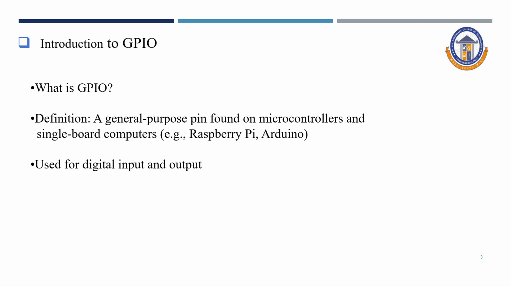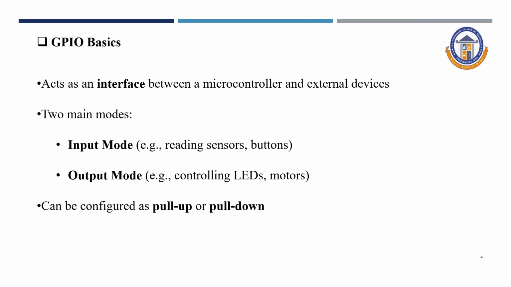These general purpose input output pins are used for digital signals. They are going to act as zeros and ones. The basic use of general purpose input output pins is interfacing between a microcontroller and external devices. For example, I have to sense the temperature of a room. So how do I sense?